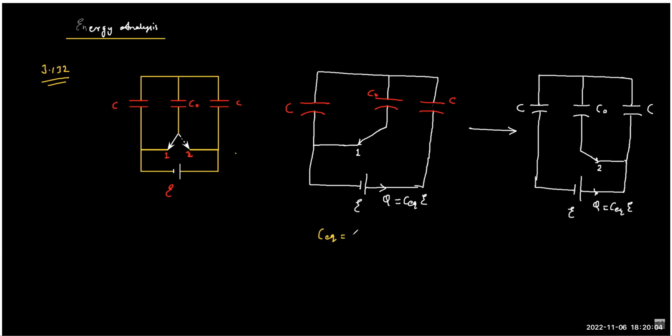Tell me, guys, what is C equivalent here? Sir, 3C by 2. It is C, C naught, and C. It is not C, C, C.